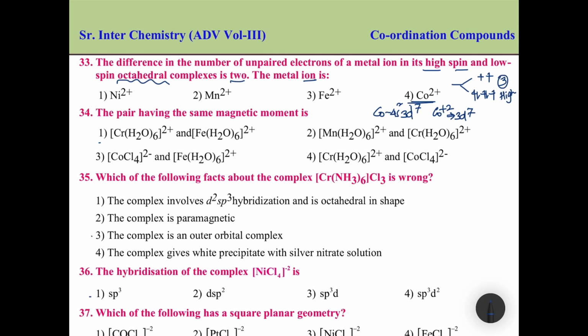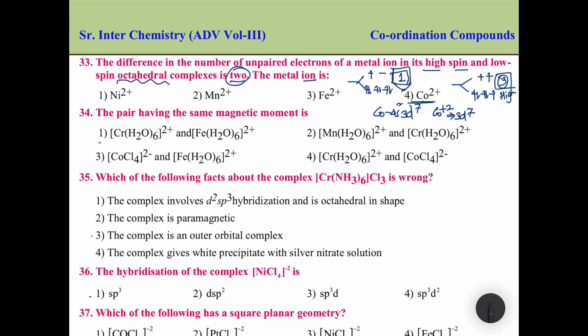High spin complex, 3 unpaired electrons are there. I will go with the low spin: 1, 2, 3, 4, 5, 6 and 1 electron is here. So 1 unpaired electron is here. Here 3 unpaired electrons, here 1 unpaired electron. So the difference in the number of unpaired electrons is 2. In this way, you need to check all the options.